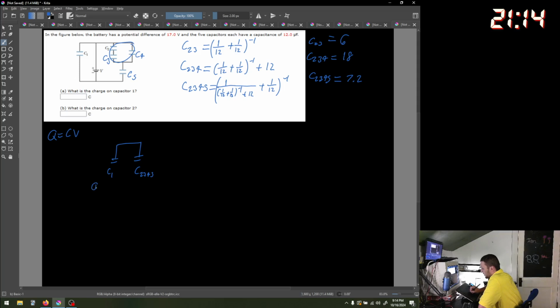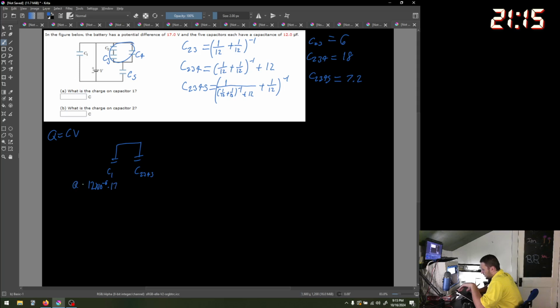So C1 is going to be charge, which is 12 microfarads. So we'll have to fix that. In fact, let's just fix it here. So it's going to be 12 times 10 to the negative 6 times 17.